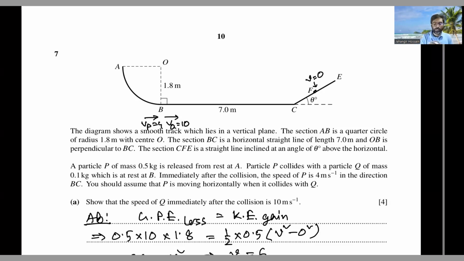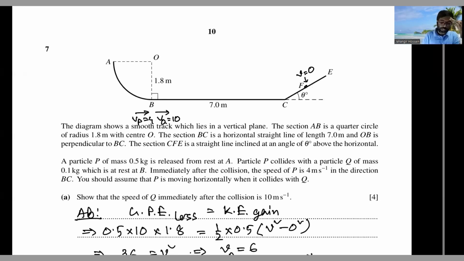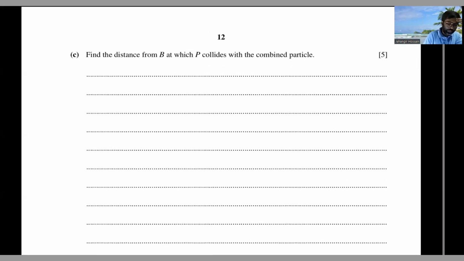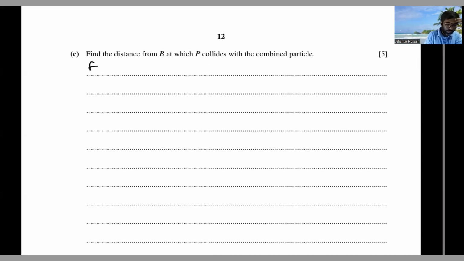And during this time, when Q moves from B to C, then C to F, and back to C, P also moves towards C, and we have to figure out where it reaches. Now, let's find this step by step. The time taken by P to reach, and the time taken by Q.